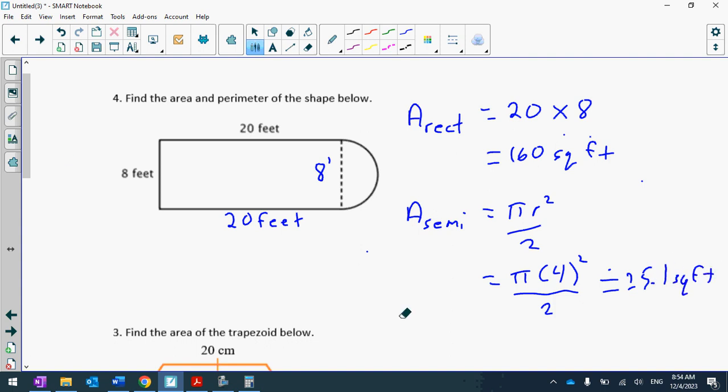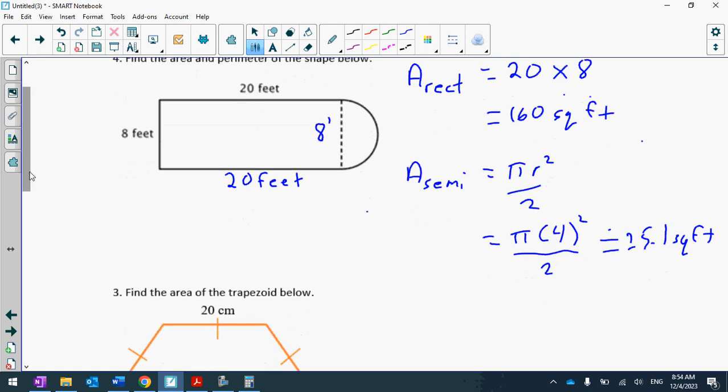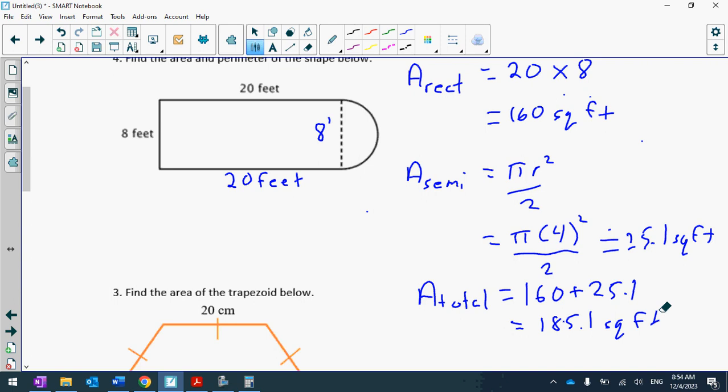So that gives us a total area in this example, which is 160 plus 25.1, or 185.1 square feet. So the area of both those sections added up.